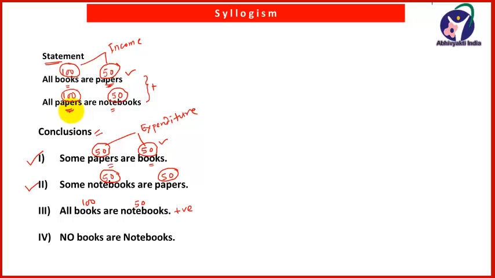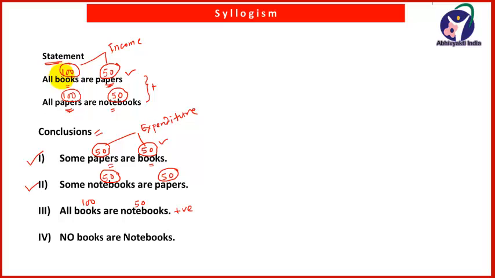And now the second rule is that one common element should have at least 100. Both can have 100 or one is sufficient. Then we can combine these two statements. So here papers has 100, so the second rule is also satisfied. Now we can join these two statements through the common word papers.